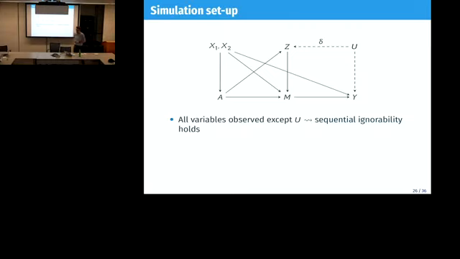Notice that even though u is unobserved here, sequential ignorability holds because conditional on z, m and y are unconfounded. What's nice about this example is that it's very easy to set up, in the sense that we're going to have a very easy true controlled direct effect, which is 0. So you can see there's no arrow here from a to y that doesn't go through m or z.